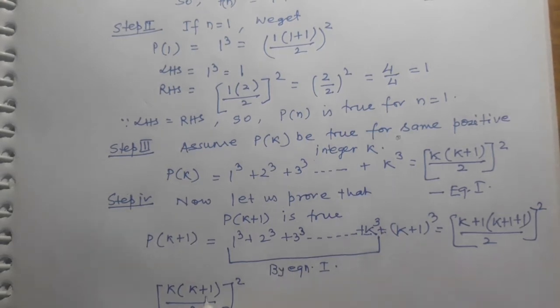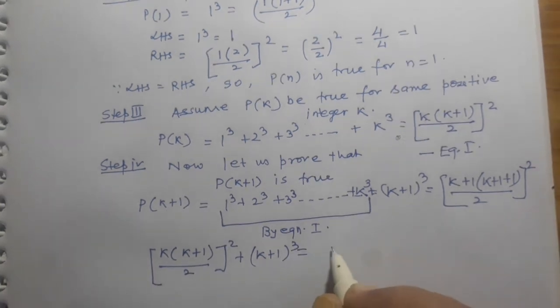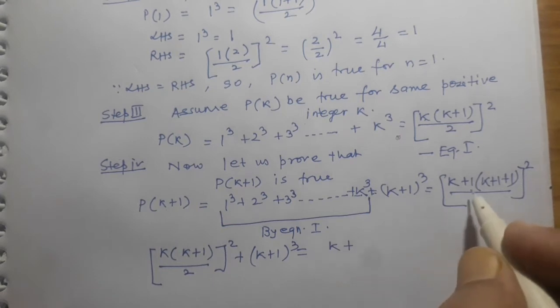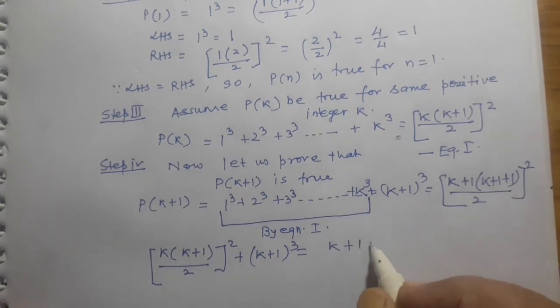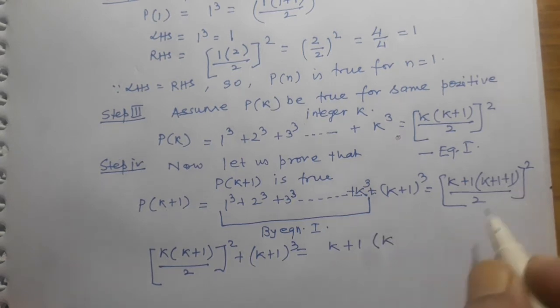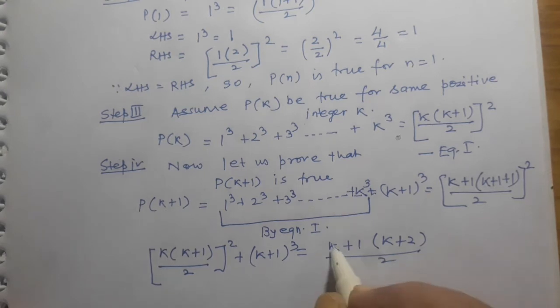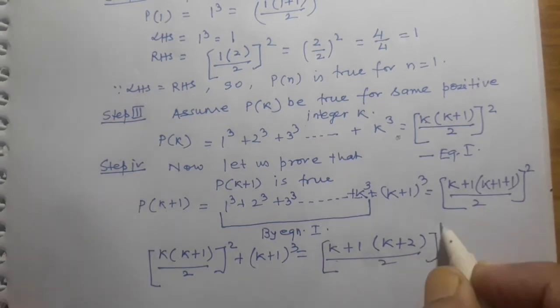For this we have written this much, because this is equal to up to k cube plus k plus 1 cube, which will be equal to k plus 1 into k plus 1 plus 1 by 2, over all square, right?